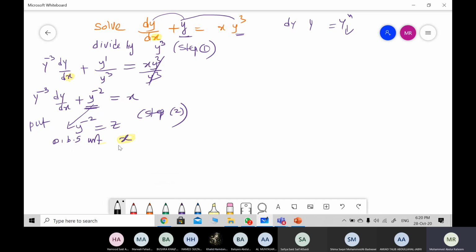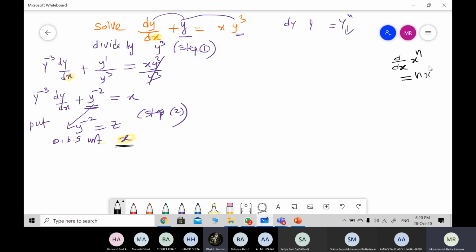Now differentiate both sides with respect to x. The derivative of x to the power n is n x to the power n minus 1.